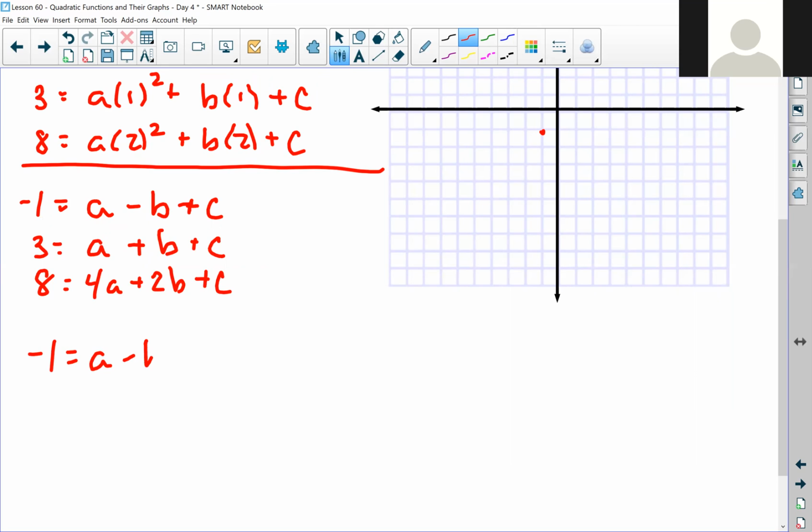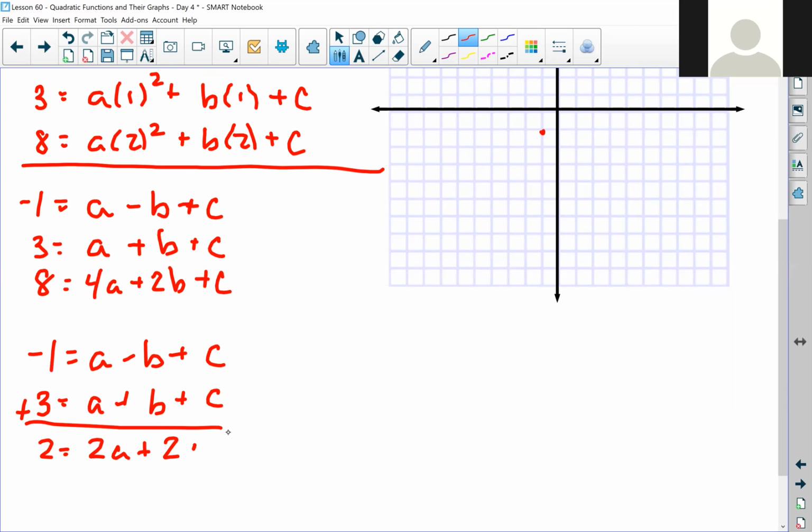And so if I take my first equation and my second equation and add them together, I get 2 equals 2a plus 2c.